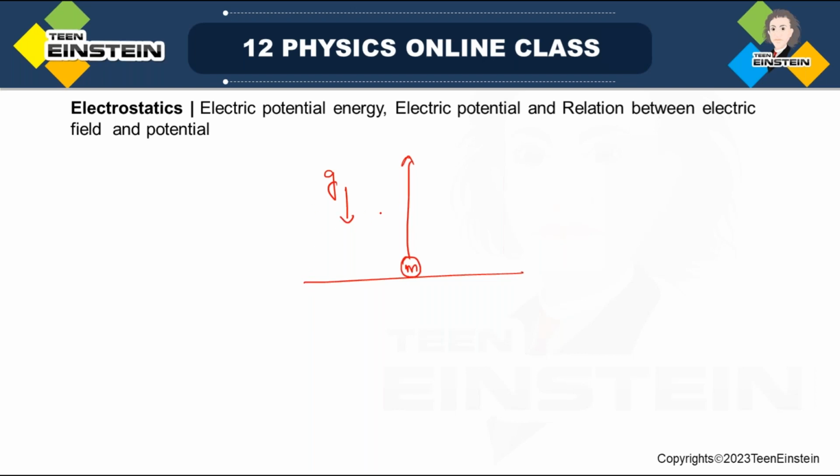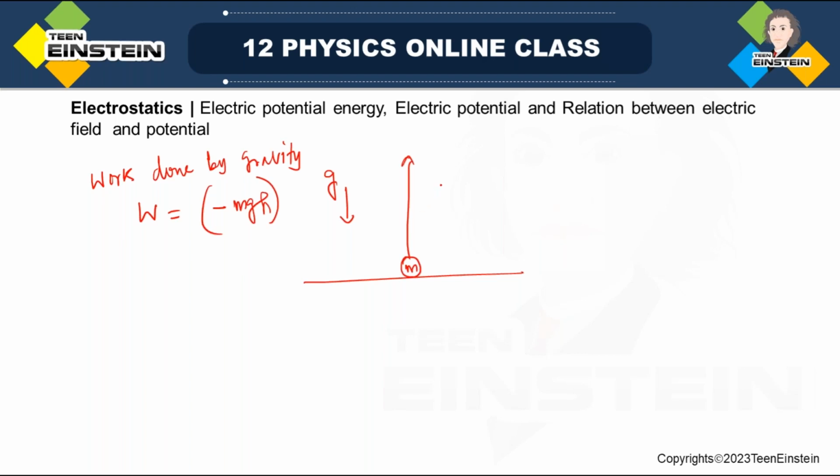So the work done, if the displacement is h, the force is mg on it, so mgh is the work done by gravity, with the minus sign.